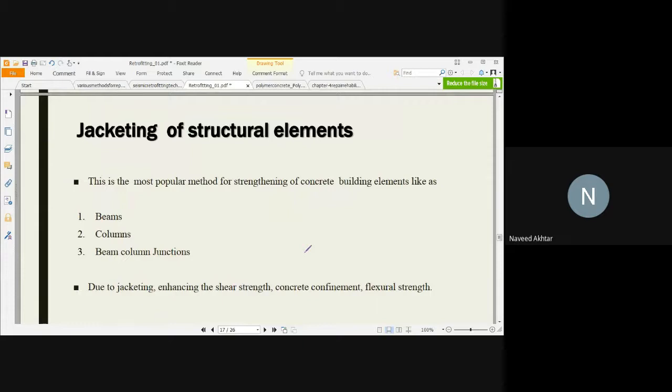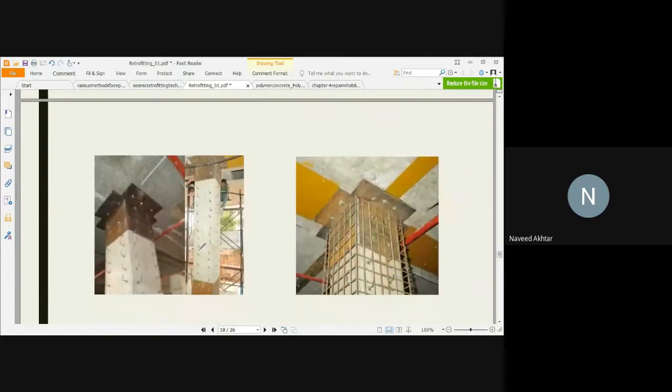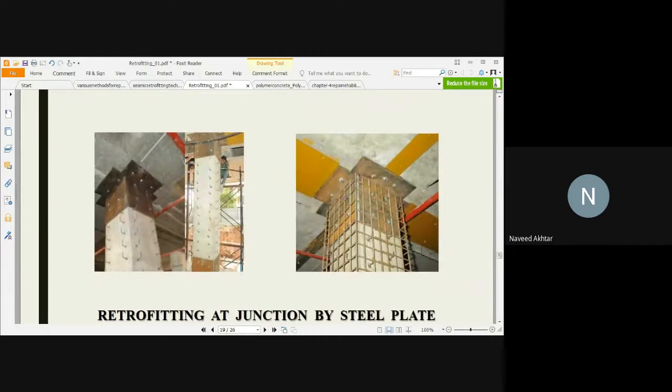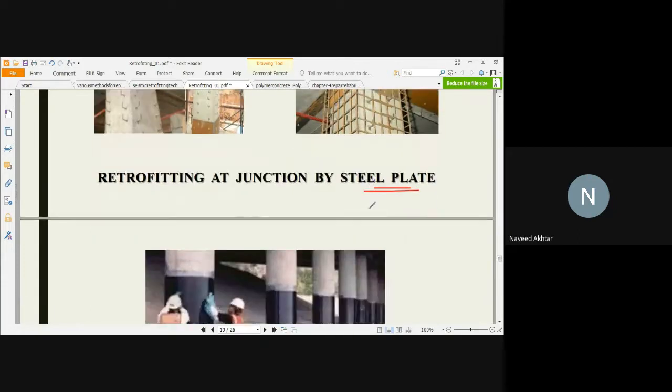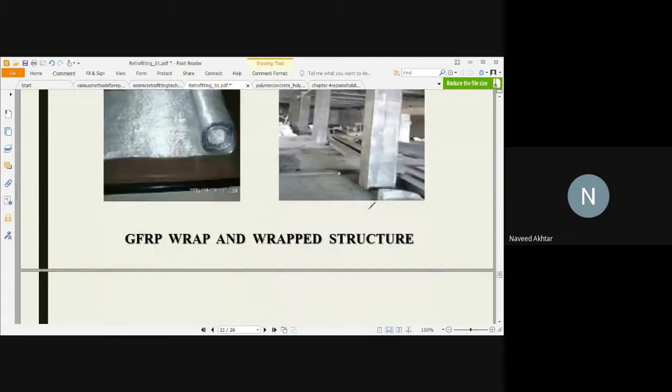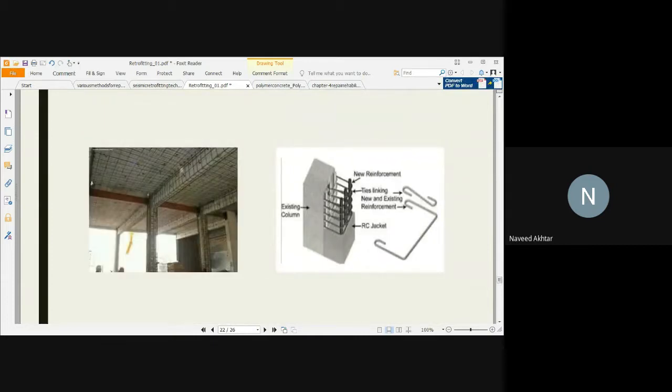Jacketing of the steel structure. This we have already seen, and here you can see the jacketing of the column is done. At the junction, you can see the steel plate is provided at the junction side. You can see the jacketing of the slab.